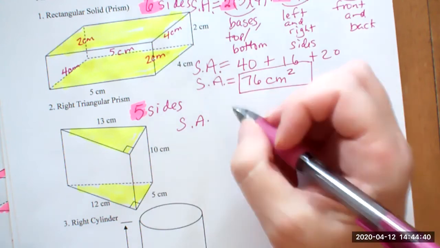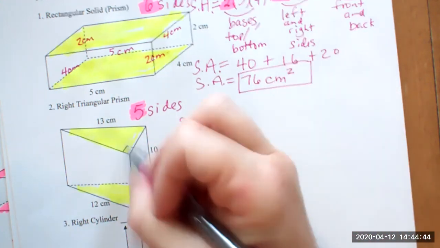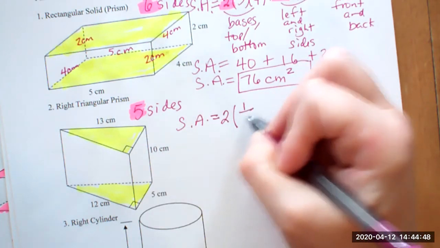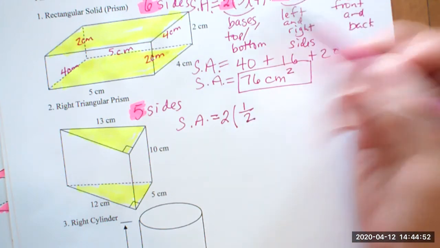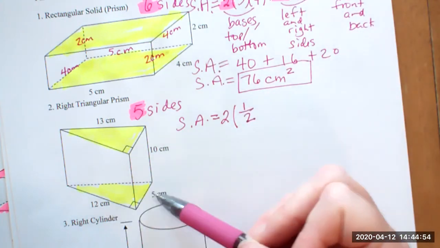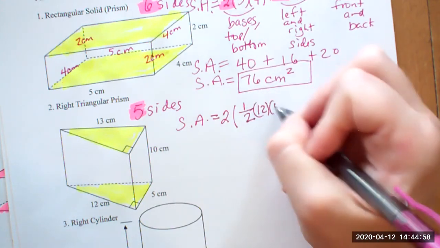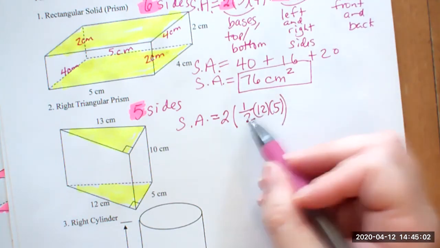So I've got 2 of those though. So I'm going to say 2 of those, but then I'm going to say 1/2 of the base times the height. So the base times the height is 12 times 5. Okay, so 1/2 of base times height.